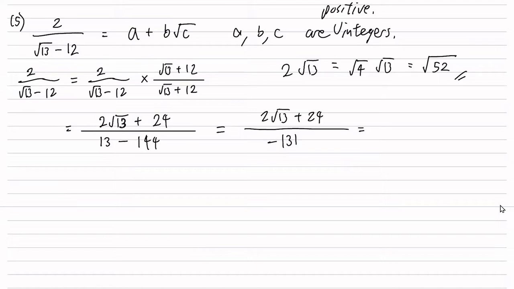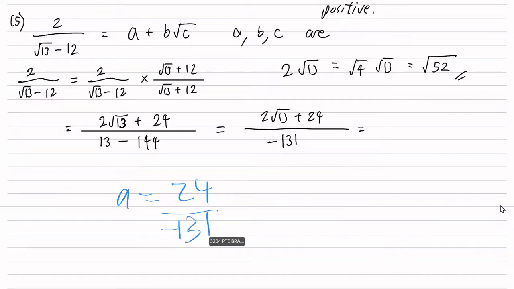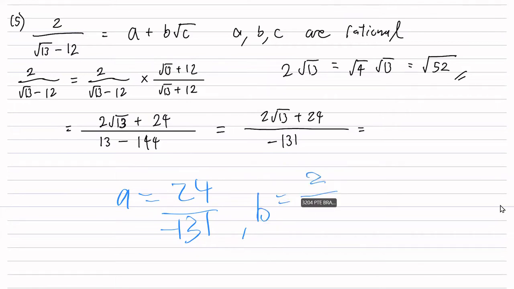Then you can split it up into, oh, sorry, A never mind. They shouldn't be integers, they should be rational numbers. Yes, correct. Copy down your answer.